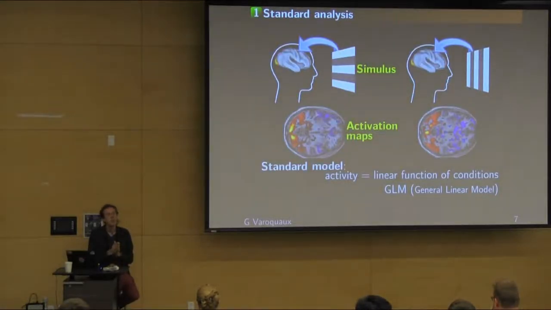And when we think of it, it's not completely different from the standard analysis in fMRI. So standard analysis in fMRI uses sets of stimuli that are modeled, so the brain response to a set of stimuli is modeled. So you're going to present stimuli to patients, and you're going to get activation maps using some simple linear model to do this. And this linear model is a model that explains brain activity as a function of the stimuli, right?